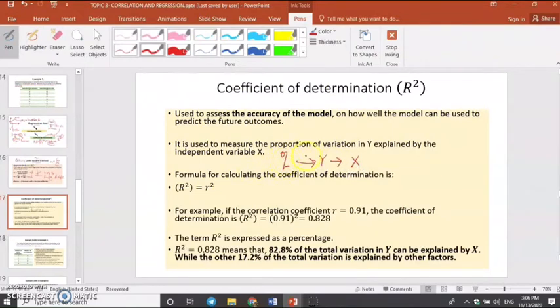Berapa banyak percentage daripada Y ni, result Y ni yang dapat dijelaskan oleh X. Maksudnya berapa banyak persen X ni effect kepada Y, dia macam tu lah.